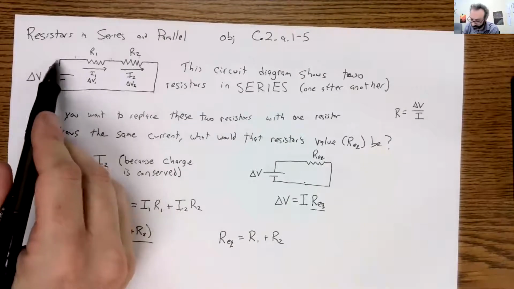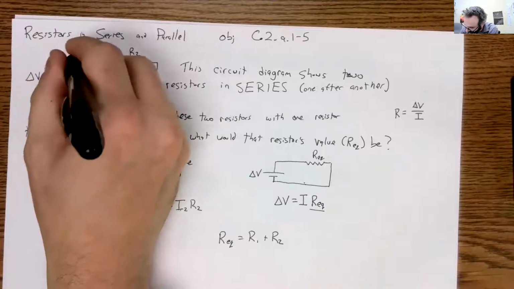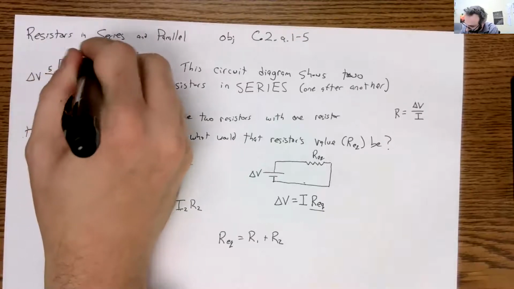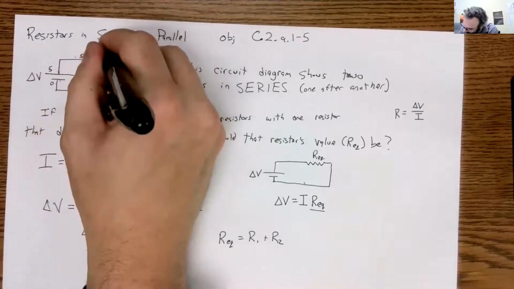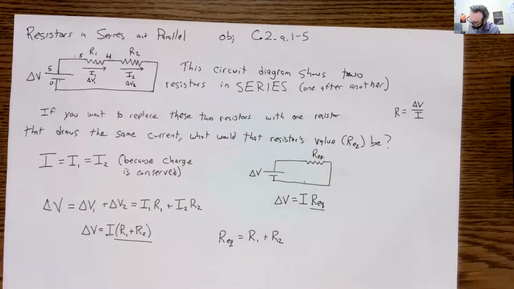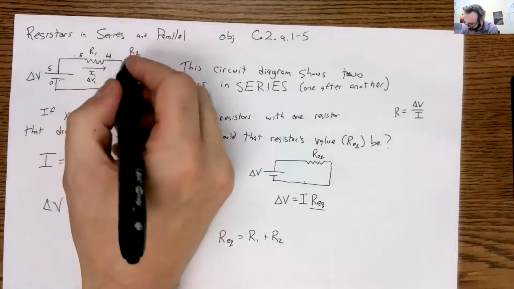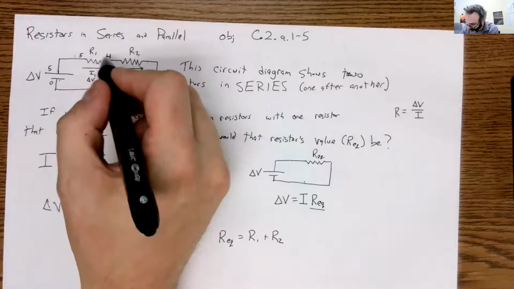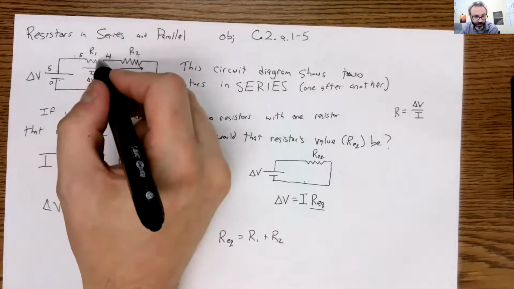There's a 5-volt battery. We'd still have 5 volts here, with ideal wires. Then maybe going across resistor 1 we drop down to 4 volts. That would mean the potential drop, the delta V of R1, is 1 volt.